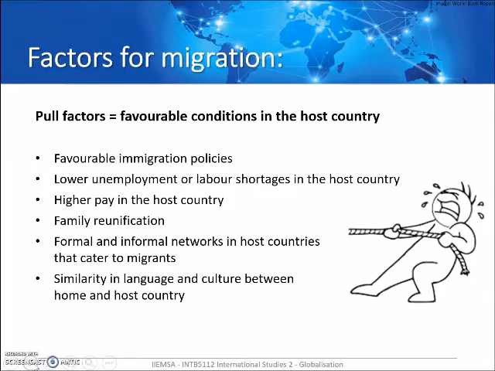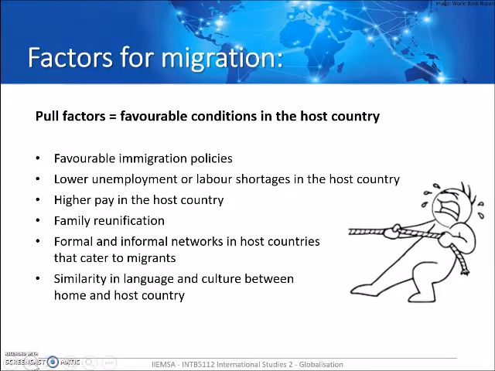Another big factor is that there might already be formal or informal networks in the countries that cater to migrants. So, for example, a lot of migrants from French-speaking African countries will rather move to France because there already are many people from their home country there. They will arrive there and there will, for example, already be a network of Senegalese people in France.